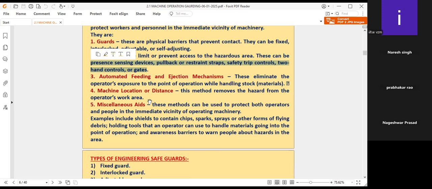Automated feeding and ejection machines. These eliminate operators' exposure to the point of operation while handling stock material. Automatic feeding and ejection of material. For example, if you pick up material with one piece of equipment and take it away, where the blades are open, like a truck or excavation truck removing sand from the excavation tool, that will be taken care of by automated feeding and ejection of stock materials.